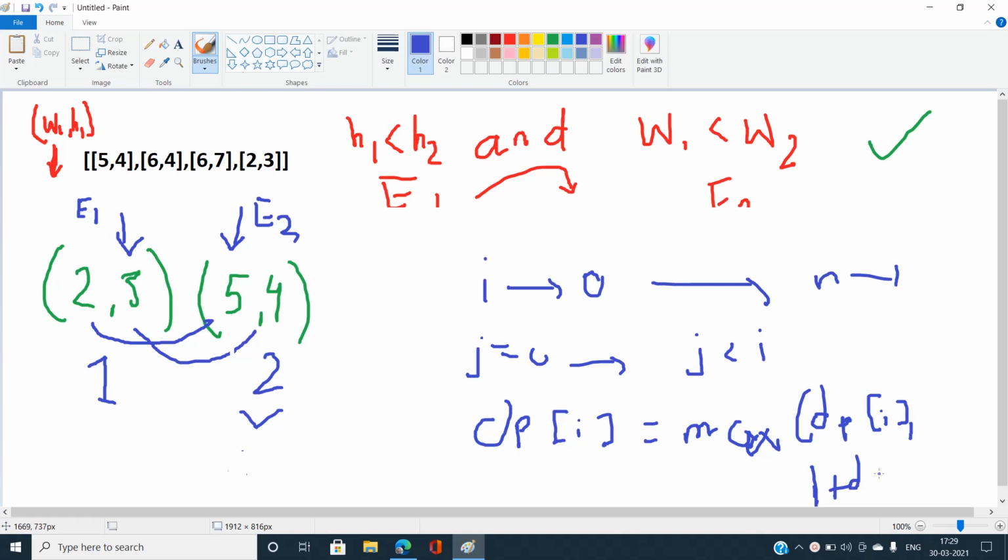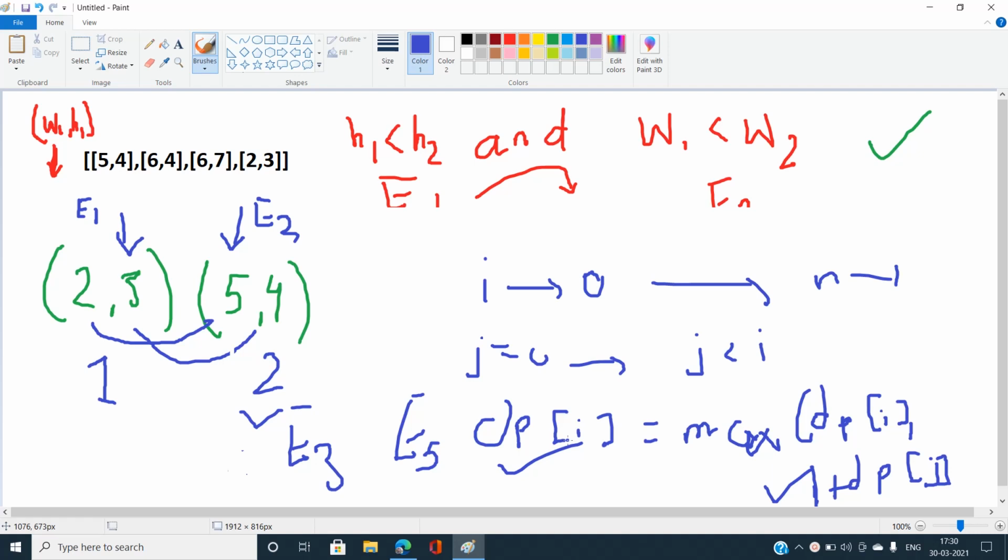Why do I do this 1 plus dp of j? Note that this is done only when, say I am at envelope E3 and doing this for envelope E5, and E3 satisfies the condition for E5. This is basically the classical longest increasing subsequence dynamic programming solution.